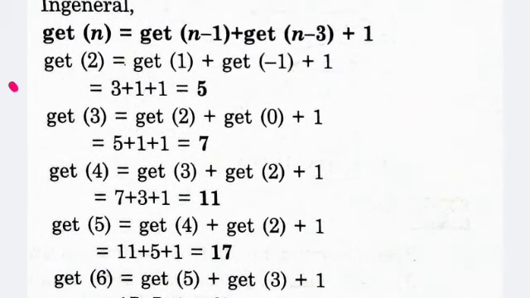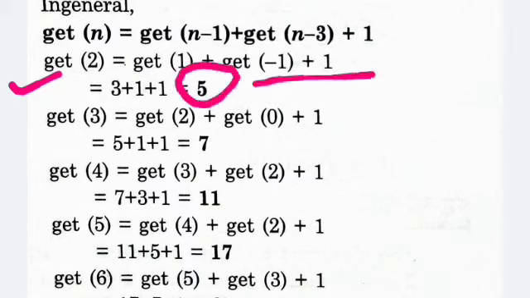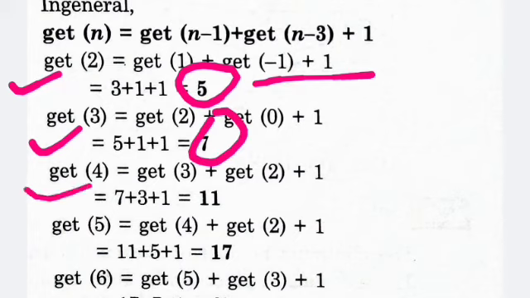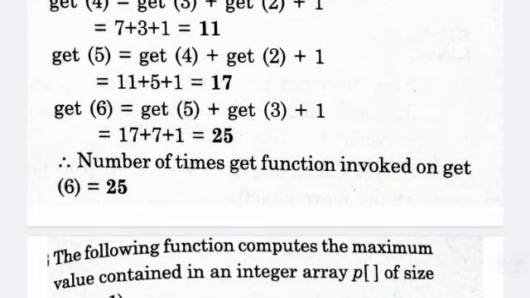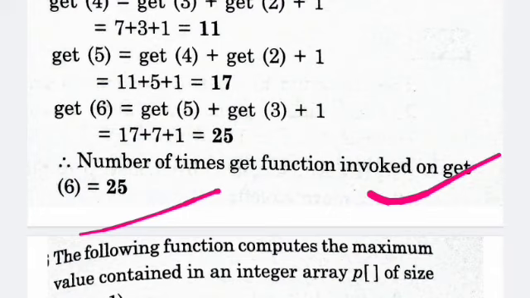So we get get(2) equal to get(1) plus get(minus 1) plus 1, which equals 5. After putting the values, get(3) equals 7, get(4) equals 11, get(5) equals 17, and get(6) equals 25, which is your correct answer. So the number of times the get function is invoked on get(6) is 25, which is your option B.